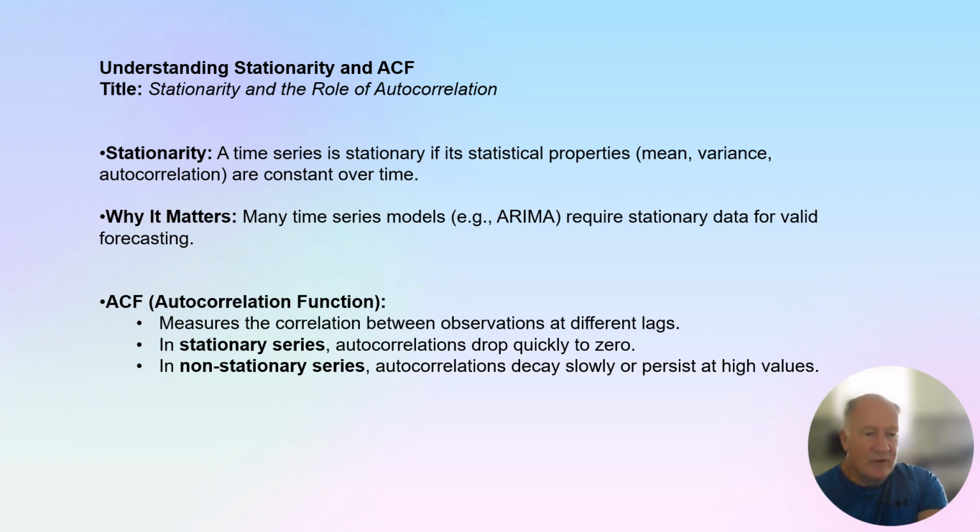If we look at the autocorrelation function, we measure the correlation between observations at different lags, and in stationary series, the autocorrelation drops off very quickly. What we're saying is that the time series doesn't depend on what was going on in the past very much. In non-stationary series, the autocorrelation decays slowly, or it persists at high values.